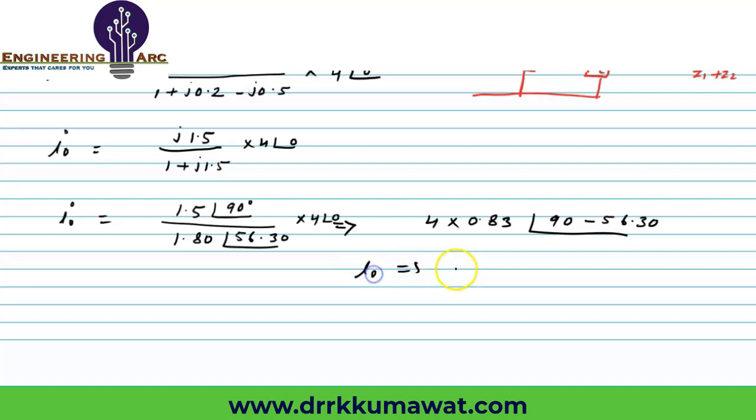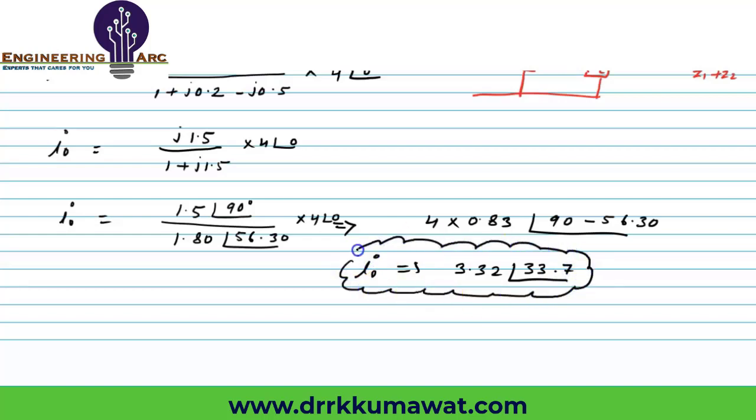Then the current I naught will be 3.32 angle of 33.7. This is the output current across the 1 ohm resistor.